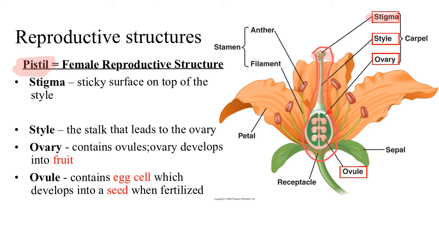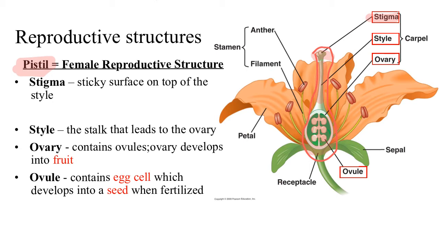That's the ovary, and within the ovary, you're going to find an ovule, and an ovule contains an egg cell. So that egg cell is going to be haploid. It's the female haploid cell. That egg cell, once fertilized, will become a seed.